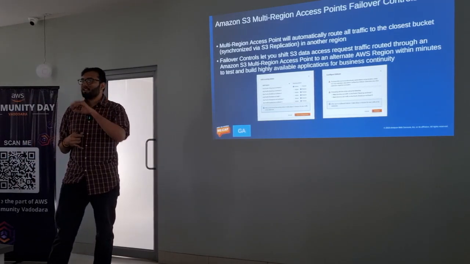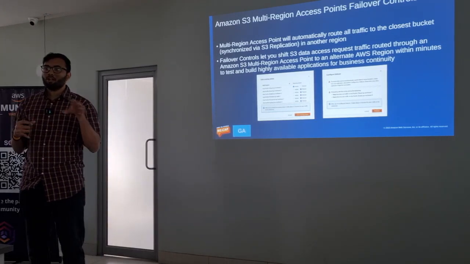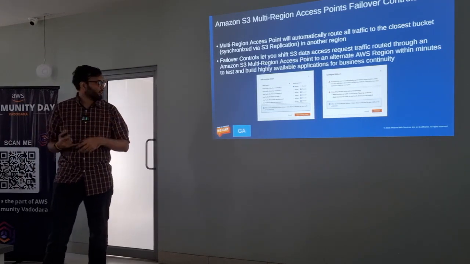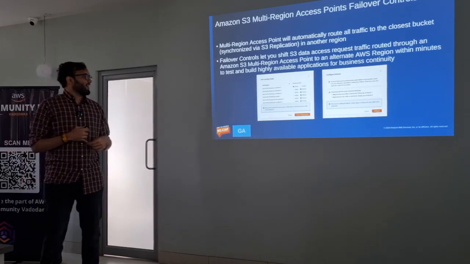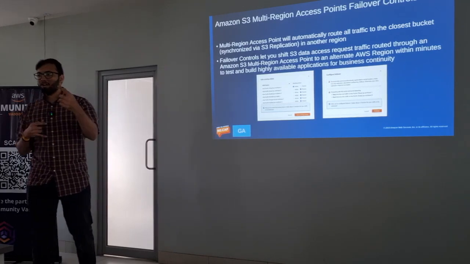So when you see an S3 location or your endpoint, it is region specific, AZ specific, right? US-East-1 is one, AP-South-1 is another. Those are specific regions. Now with this multi-region access, you can list your bucket to be available in multiple regions.